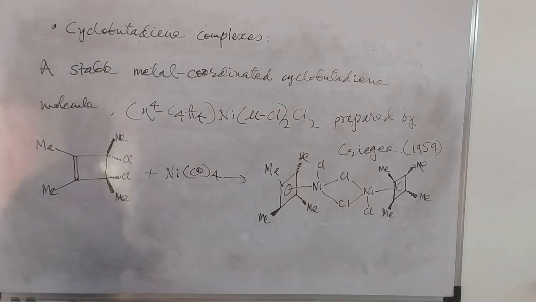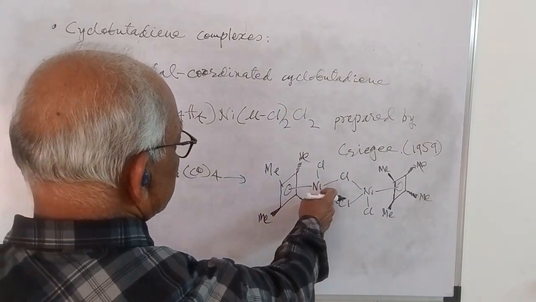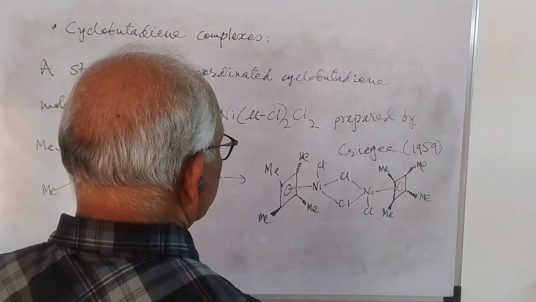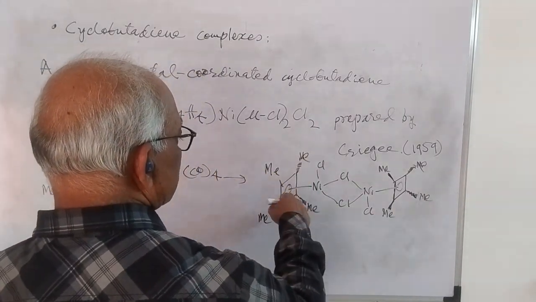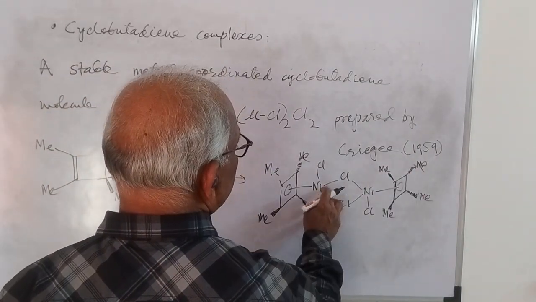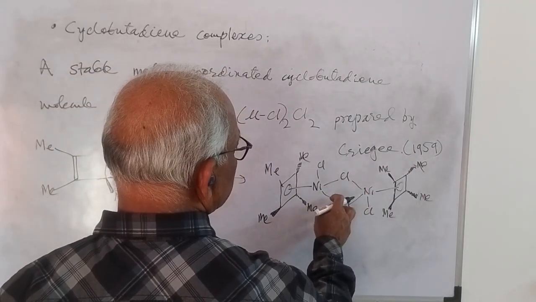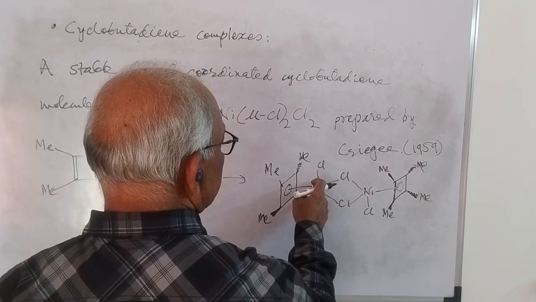So in this way we get this cyclobutadiene complex with nickel, where the cyclobutadiene moiety is tetramethylated in both cases.